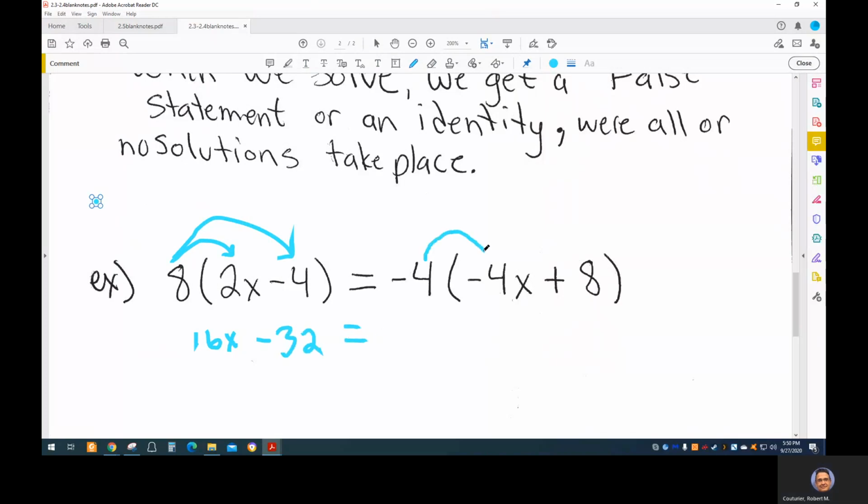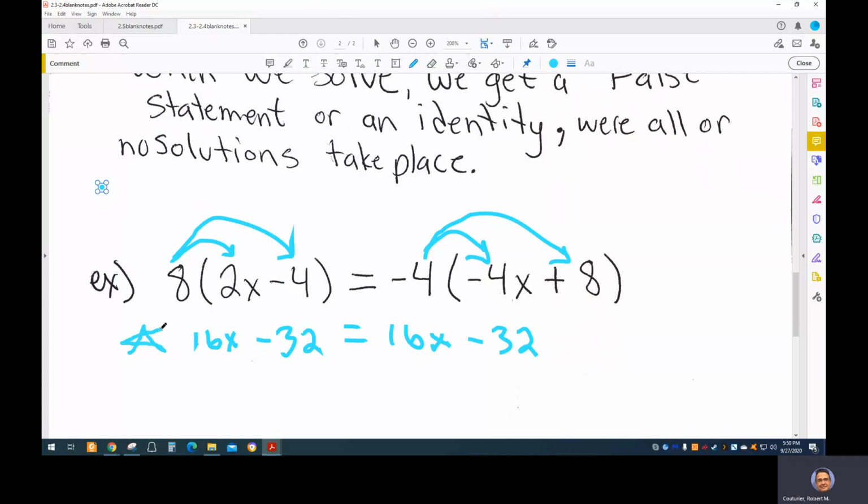Now we do this one. A negative times a negative becomes a positive. Watch out for those subtraction or minus signs. They will get us positive 16x. And negative 4 times a positive 8 gives us a negative 32.